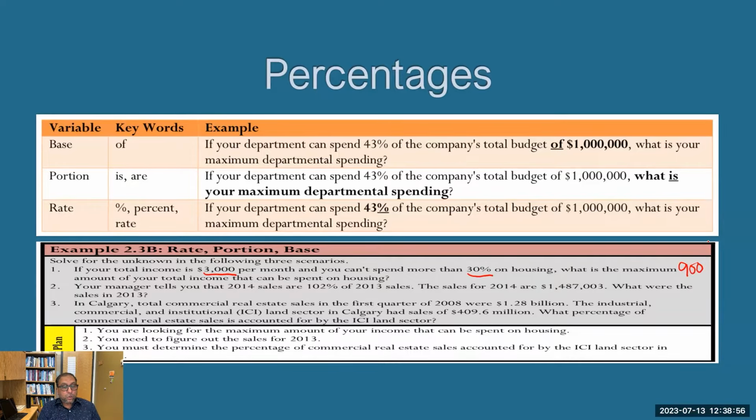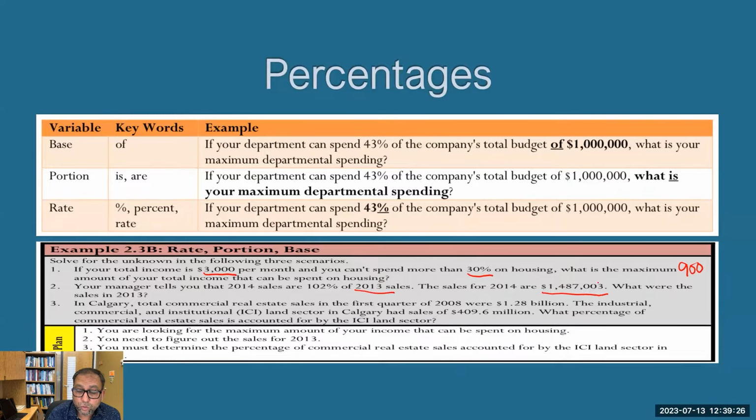Now the second question is saying your manager tells you that 2014 sales are 102% of 2013 sales. The sales for 2014 are 1.487003 million. What were the sales in 2013? So we want to find out the base for 2013.